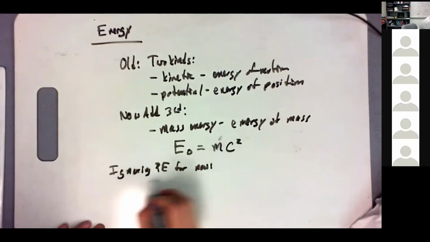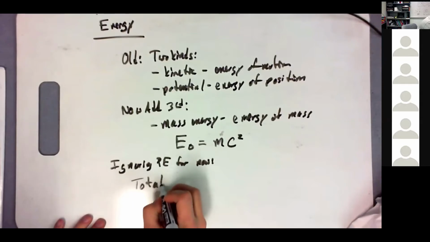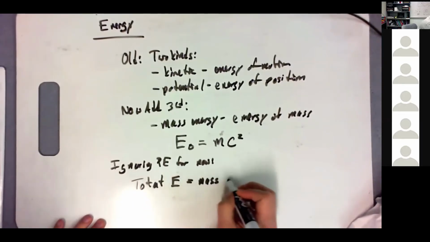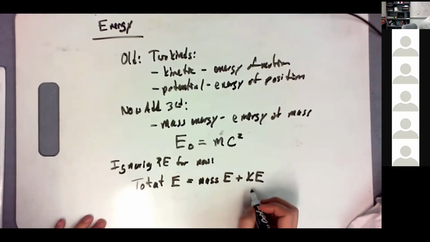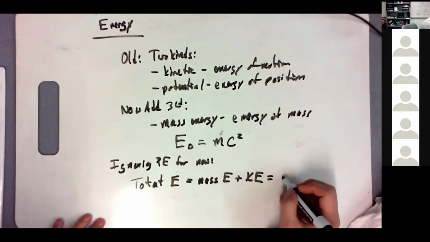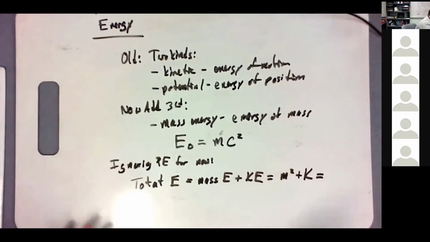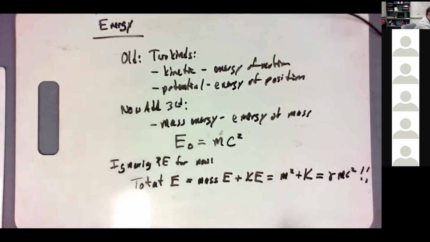So if we ignore potential energy, then the total energy of a particle is equal to its mass energy plus its kinetic energy. And that is mc squared plus K. And it turns out that that is gamma times mc squared. And this is weird.